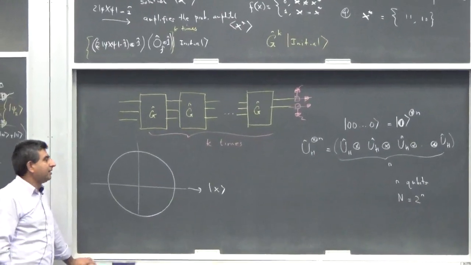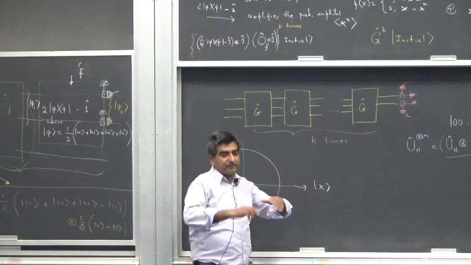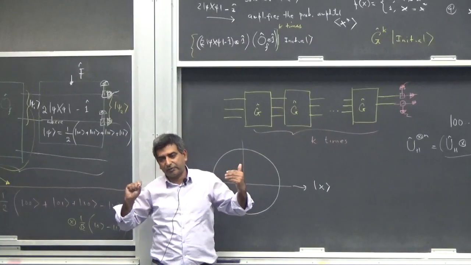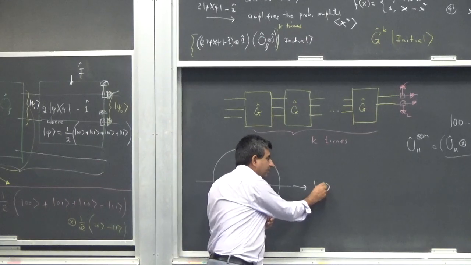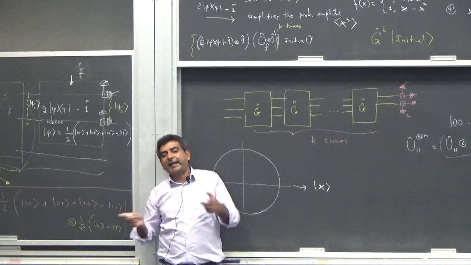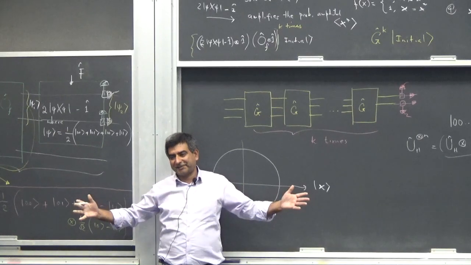Alright? So this is one of the basis states that I'm looking for. For example, my search was looking for ket 1, 1. That's my ket x. But there are 3 other basis states as well.